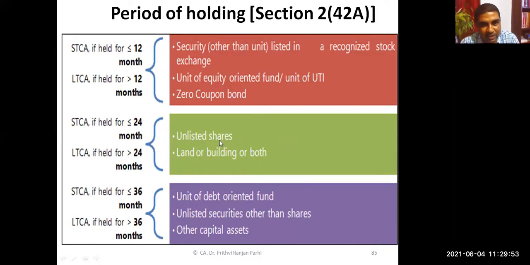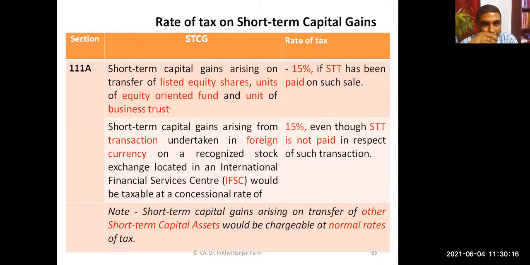In case of unlisted shares, land or building, if held more than 24 months, then it is long term, otherwise it is short term. And in case of other assets, unlisted securities and units of debt-oriented funds, if held more than 36 months, then it is long term, otherwise it is short term. This is how we classify.